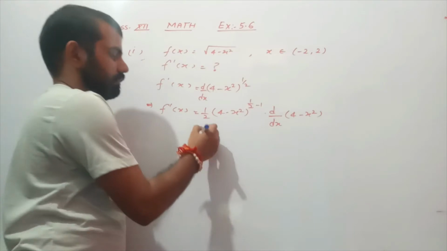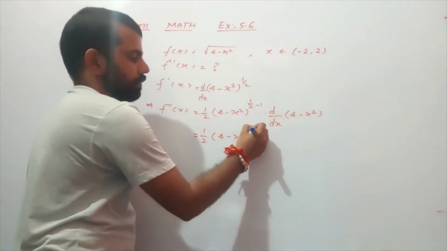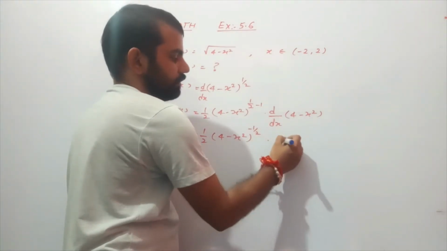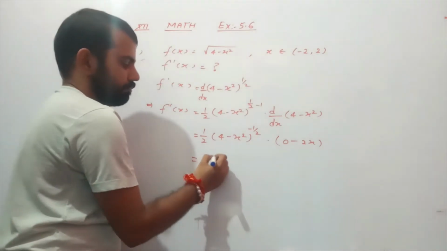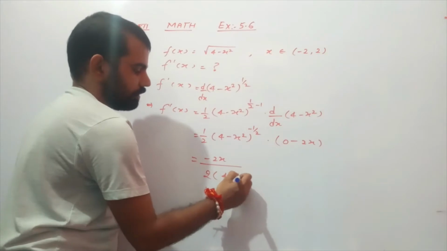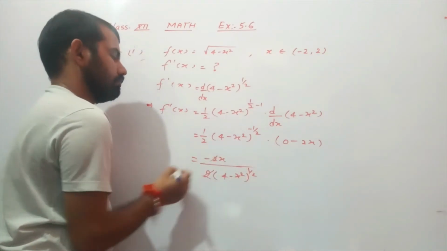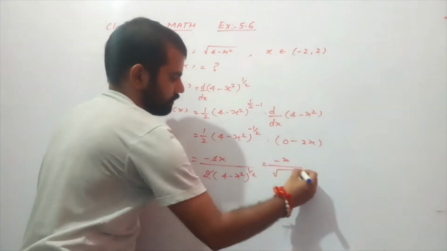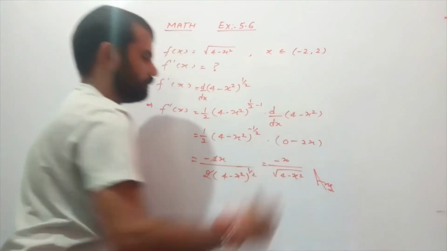This implies 1 upon 2, (4 minus x square) power 1 upon 2 in negative, and this will be 0 minus 2x. This implies minus 2x upon 2 (4 minus x square) power 1 upon 2. 2 cancels, minus x upon square root of 4 minus x square. This is the final answer.